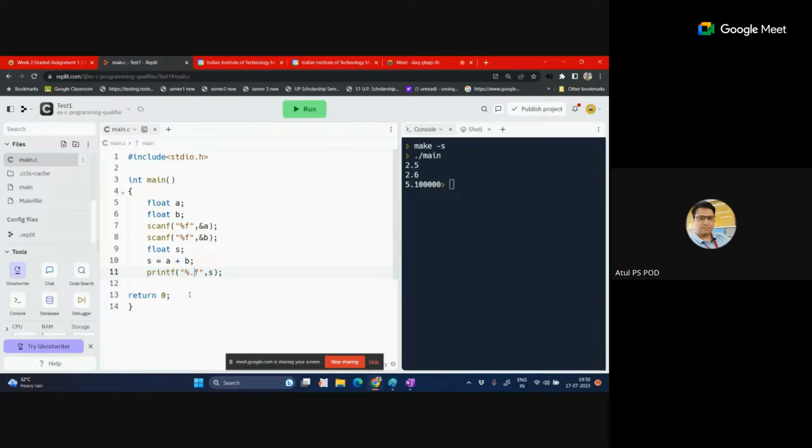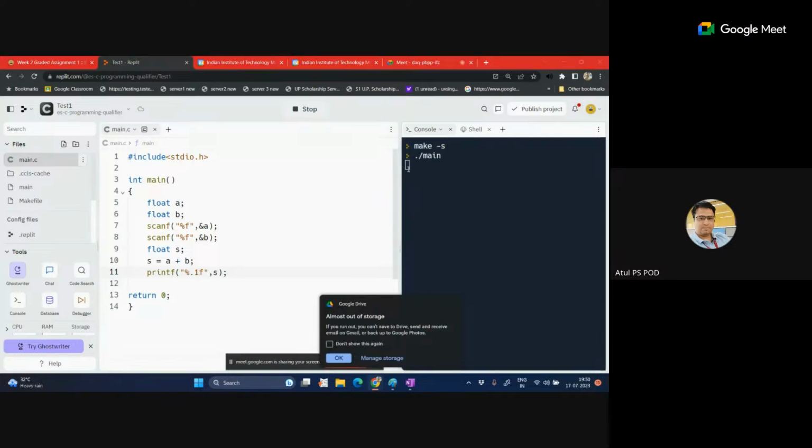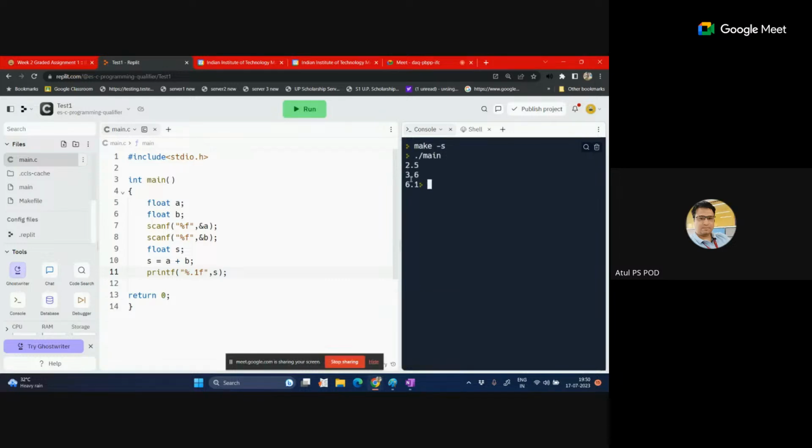So if you write 0.1, it will actually tell the compiler to print the answer up to 1 decimal point. Then you can see you will get only 2.5 and 3.6, and you are getting the answer 6.1 this time.